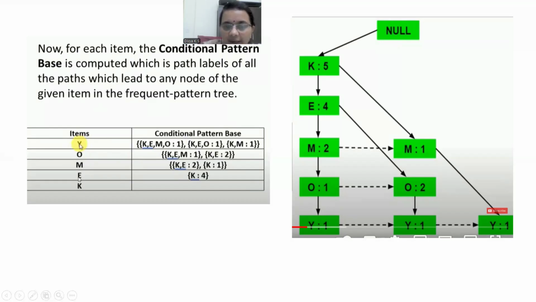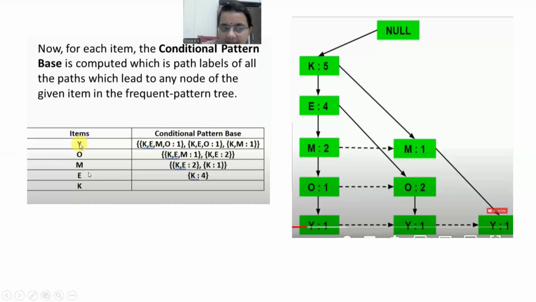But when you are writing here, you write in level order. What is the first one? Y. Y you write, then O, then M, then E and K. Okay, that level. That's why I told you that when we are drawing, all the M has to be drawn in the same line. So it will be very easy, very good to see.